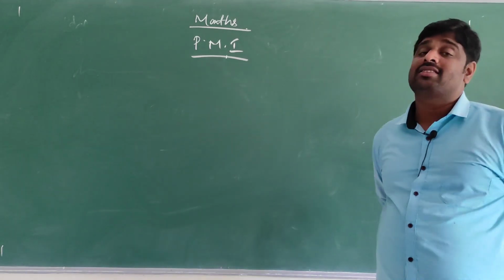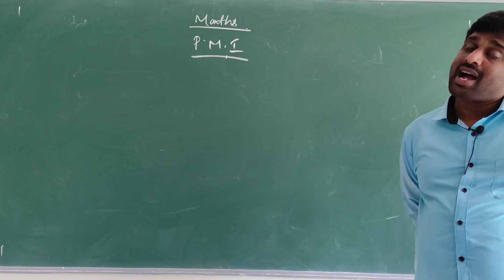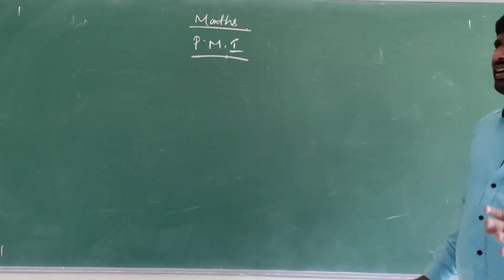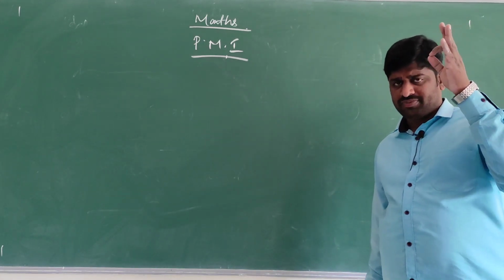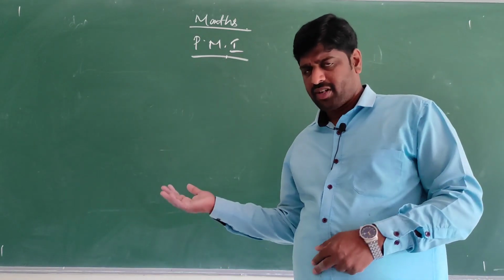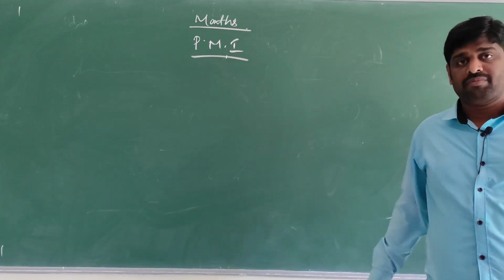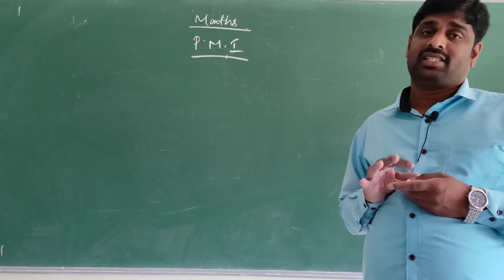Inductive reasoning means first you tell examples and then you give the statement. So very simple: induction means first examples and then statement. Deduction means first statement then examples. This is the difference between induction and deduction.